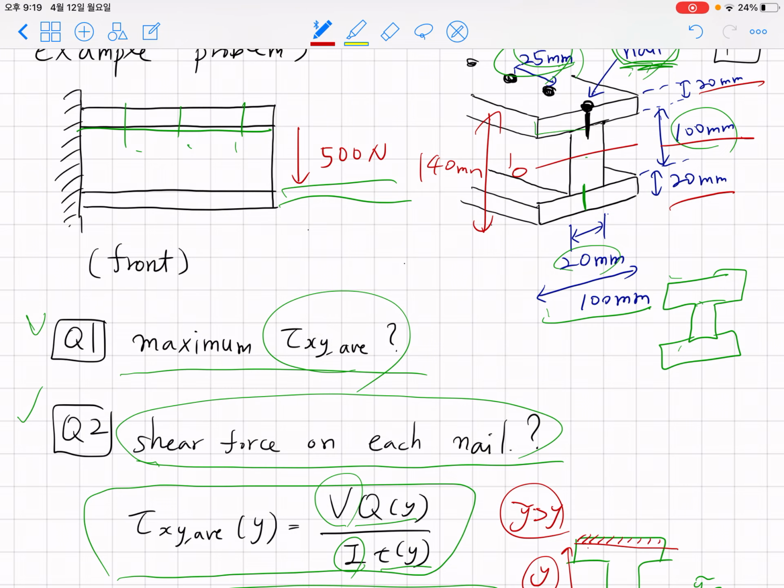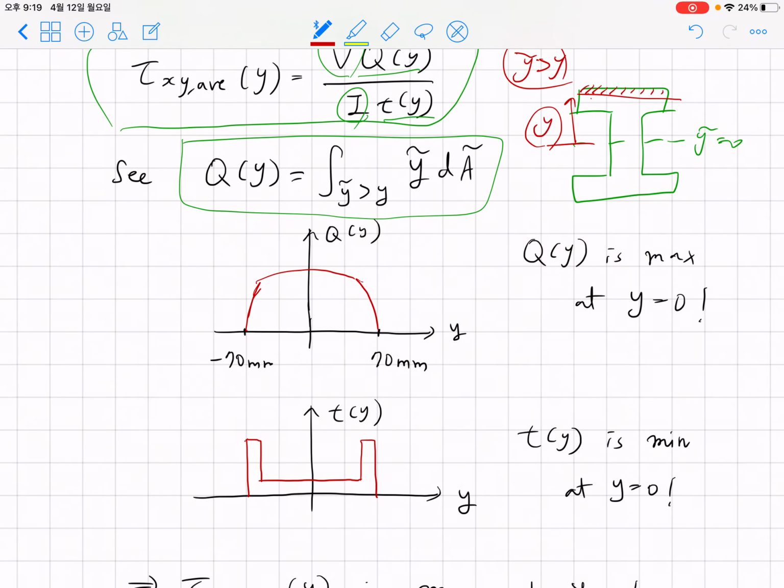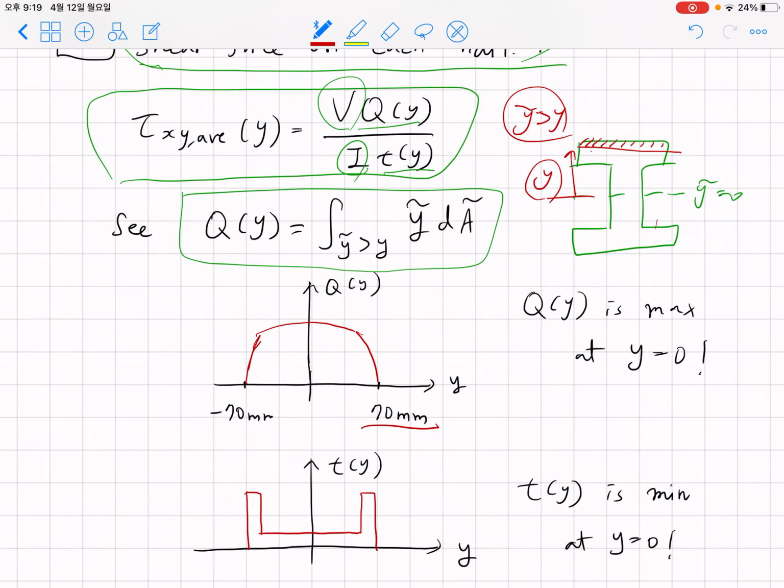And the center is 0, so the top is 70 millimeter from the centroid. Now when y is around 70 millimeter, you have almost 0 area A, so you have 0 Qy. As you decrease y, you have larger area. When you decrease y further, you have even larger area. So what you can expect is Qy keeps increasing until y becomes 0.